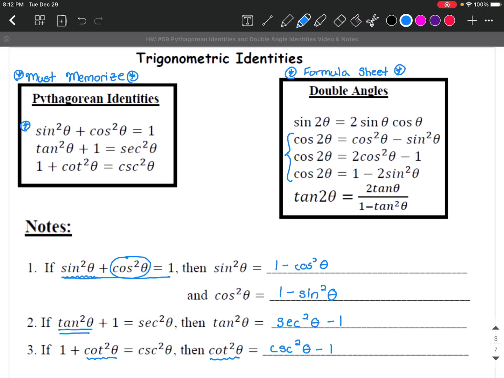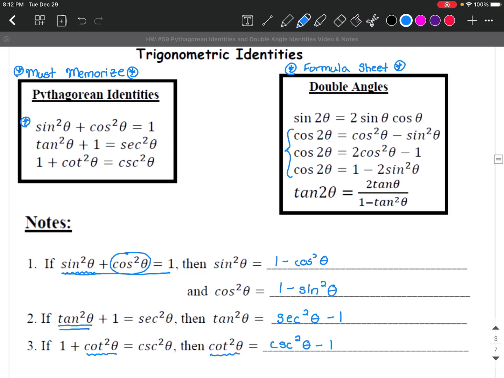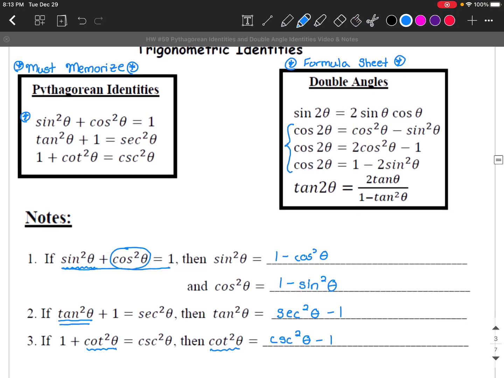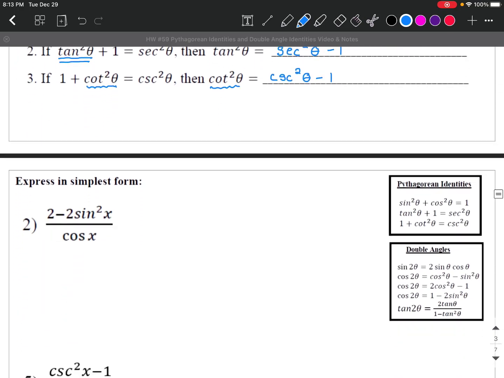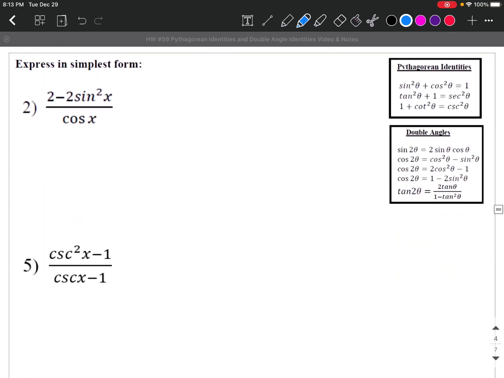You don't really have to use that one if you already have the rules for sine 2 theta and cosine 2 theta. You can use that instead. It's up to you. Remember, there's how many ways to get from where you are to the mall? Lots of different ways. Okay, as long as it's a valid path, doesn't matter.